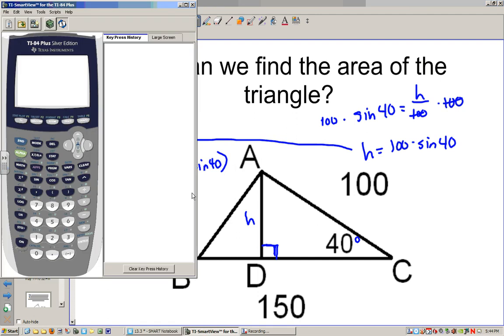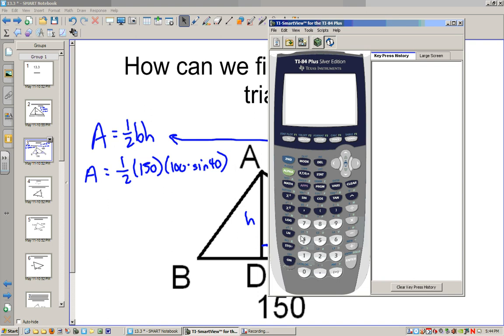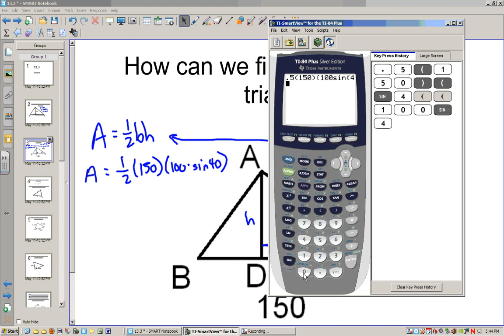So let's pull up our calculator. I'm going to move it over here so we can see our equation. So our area is 0.5 times 150 times the sine of 40. Oops, sorry. Should be 100 times the sine of 40.